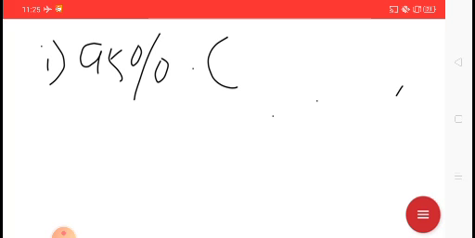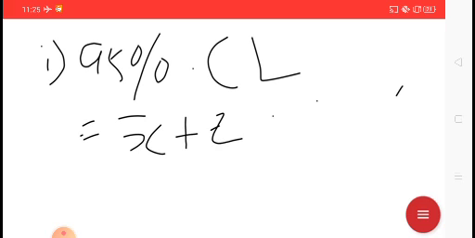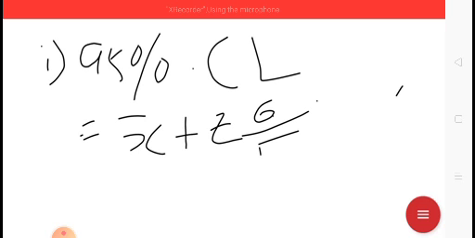So you need to form the distribution first. Given that sigma is 0.042, normally we start from the 95% confidence limit. Using the technique just now, this is equal to the mean, which is 5.12, plus minus z sigma over square root n.